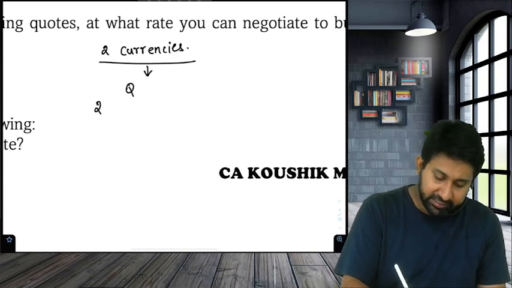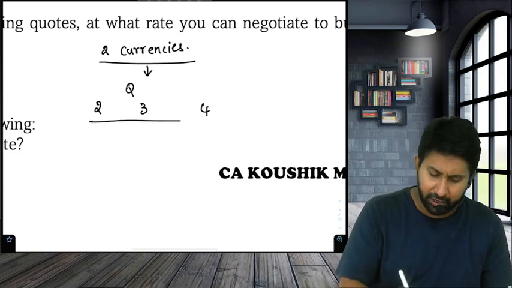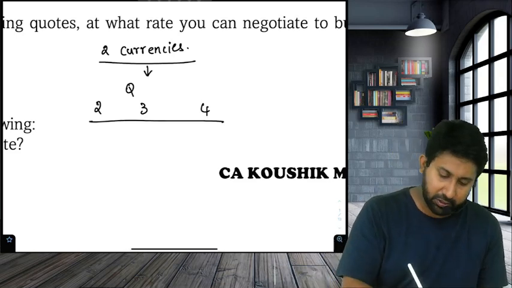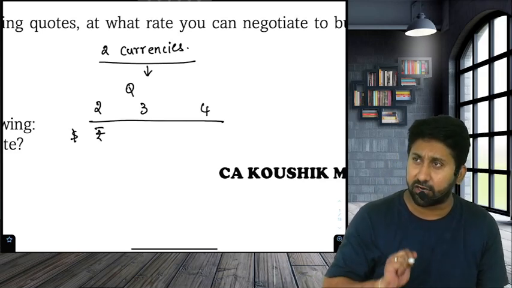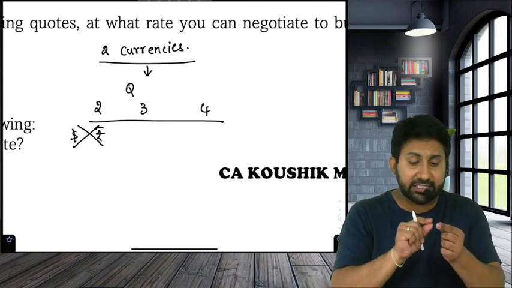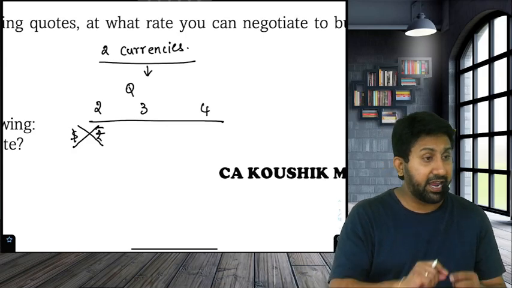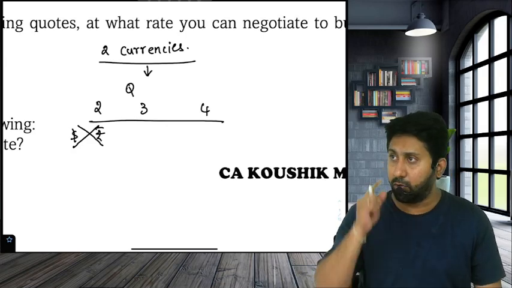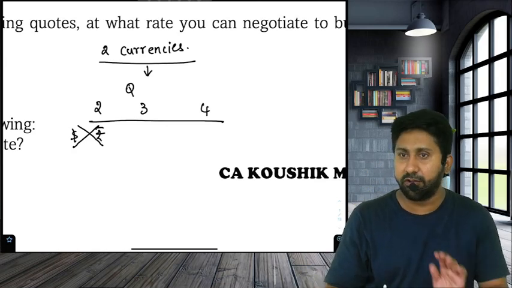Two currencies, three currencies, four currencies. Say for example, there are two currencies, dollar and rupee. Are both traded against each other or not? If both are not traded against each other, an exchange can't be created. If the exchange can't be created between the two, how come the exports and imports happen between those two countries? That we need to understand first.